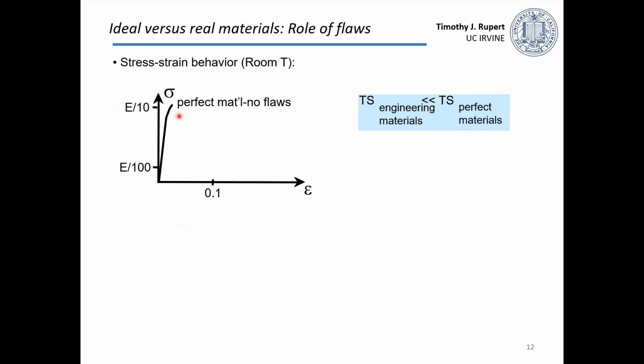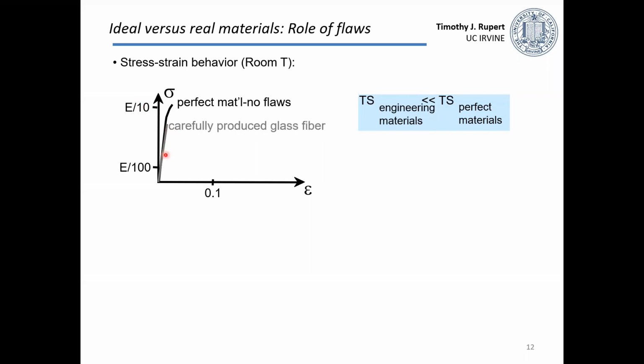Its strength would be something like the elastic modulus divided by 10. If you remember, the elastic modulus is somewhere in the tens to hundreds of gigapascals. That would mean the strength of our material would be in the gigapascal range.